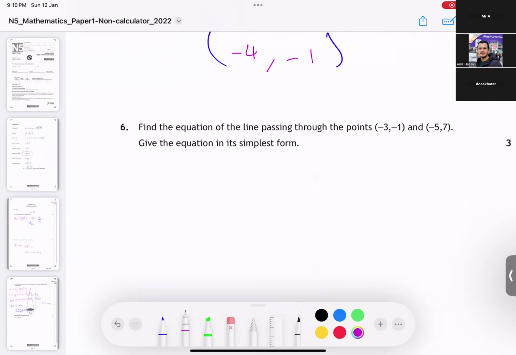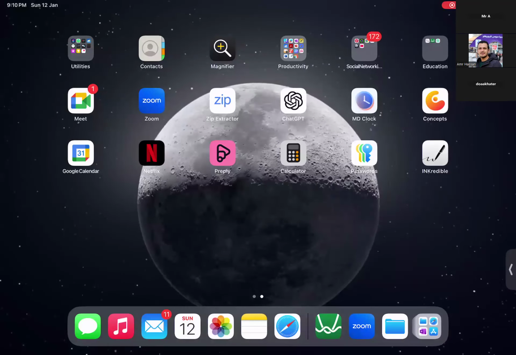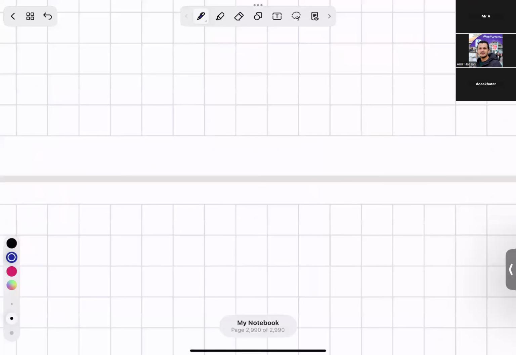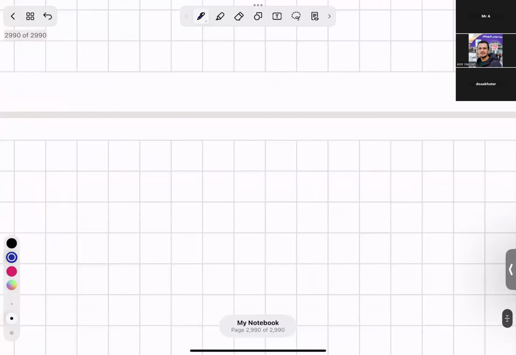So I need a couple things, right? I need to figure out the slope firstly. Then I need to get the y-intercept, because every single time you want to get the equation of the straight line, you need to remember. I'm not gonna solve it, but I'm gonna remind you that y equals mx plus b, right?